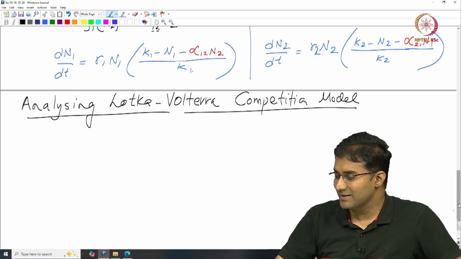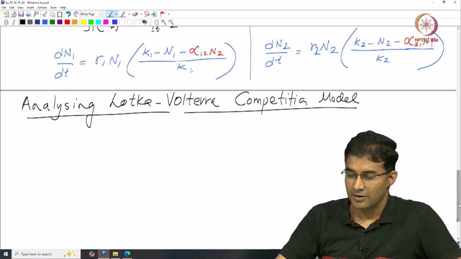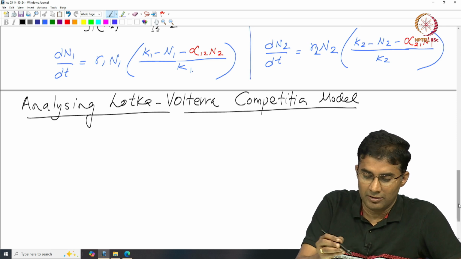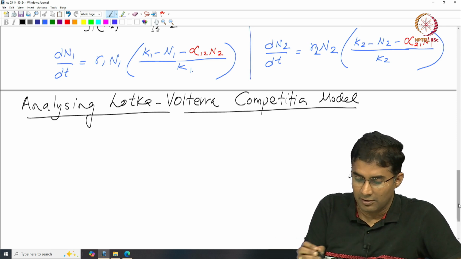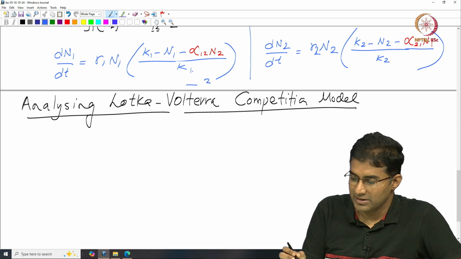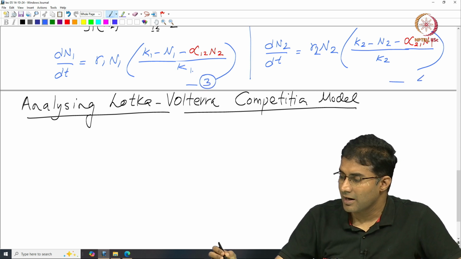So, how do we go about analyzing these two equations, which are called the Lotka-Volterra competition model? Let us call them equation number 3 and equation number 4.